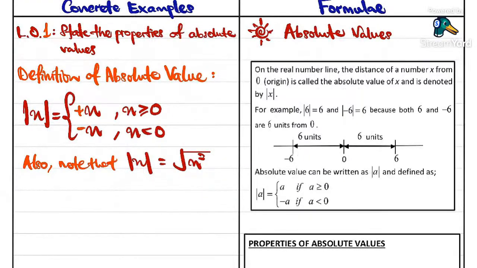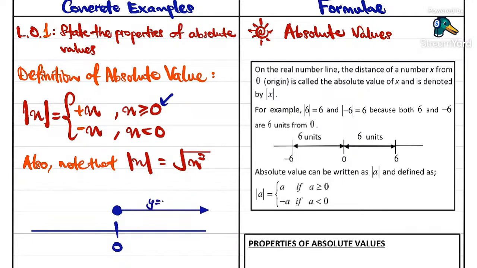And di sini saya akan terangkan macam mana nak bagi nampak definisi itu dengan lebih jelas, iaitu kita mempunyai since we are using the value of x is 0, so the direction is actually from 0, then circle to the right hand side here. So this is actually y is equals to x.